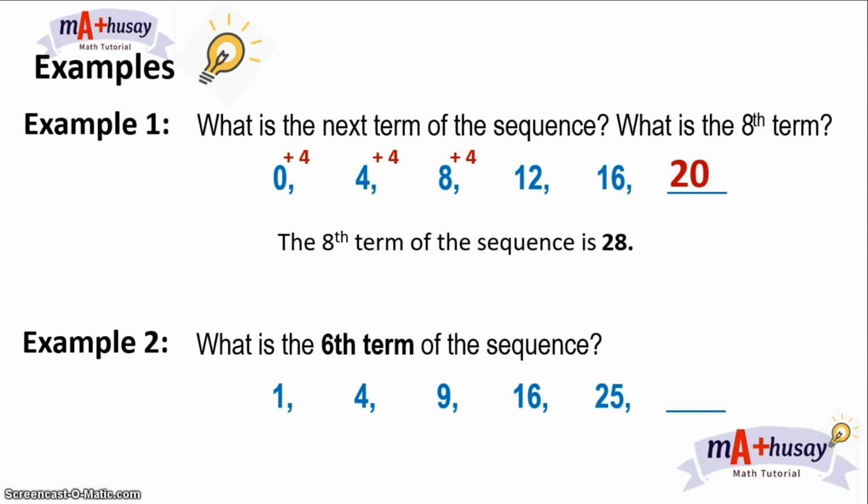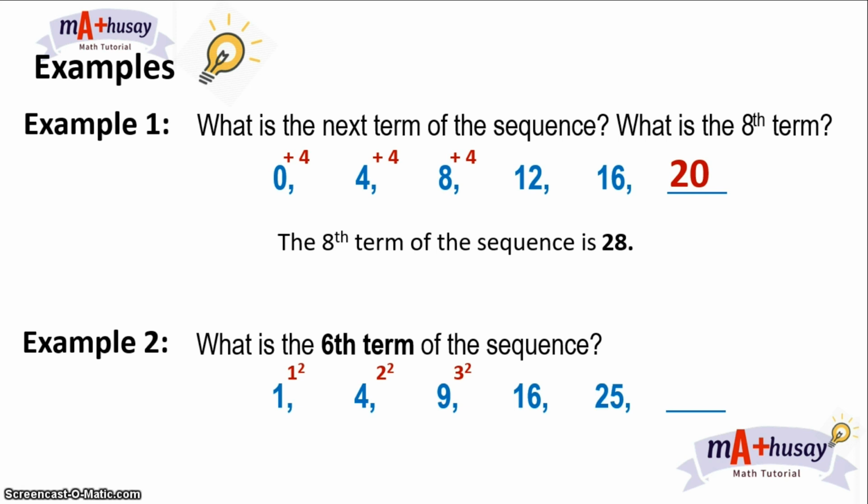So, each term can be generated by squaring n. So, we know that if n is 1, you have 1 squared, you still get 1. If you get 2 squared, you'll get 4. You get 3 squared, you get 9. 4 squared, you got 16.